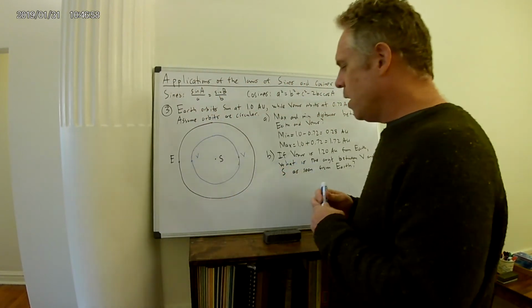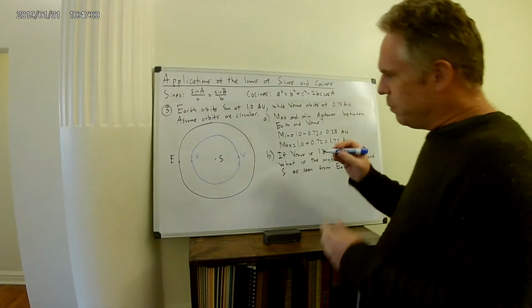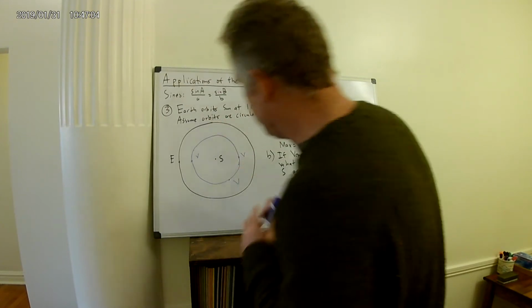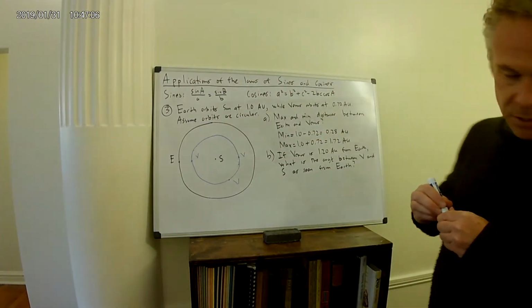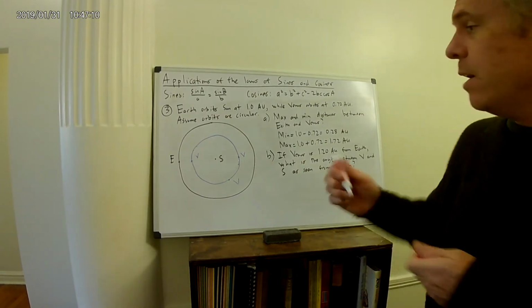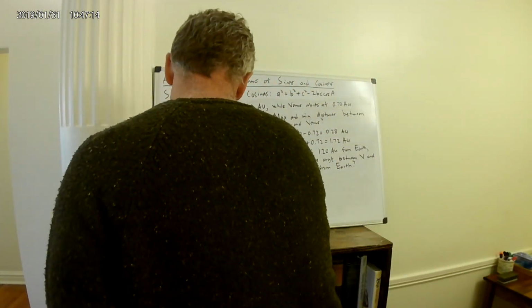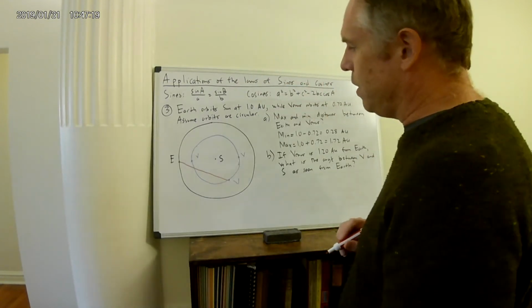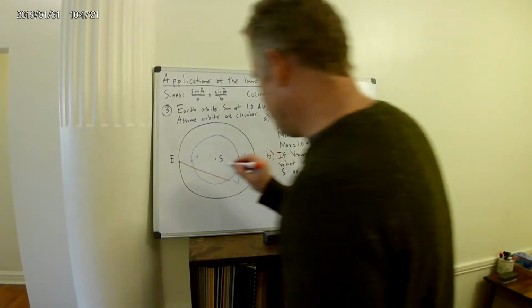So I'm going to roughly position Venus approximately here for this situation to be true. So what this means is, let me draw this triangle in red. If we draw a line between Earth and Venus, as best I can, like this, this distance is 1.2 AU.